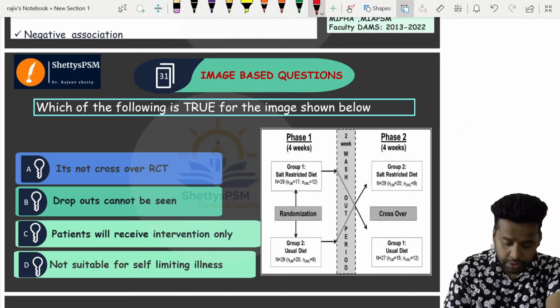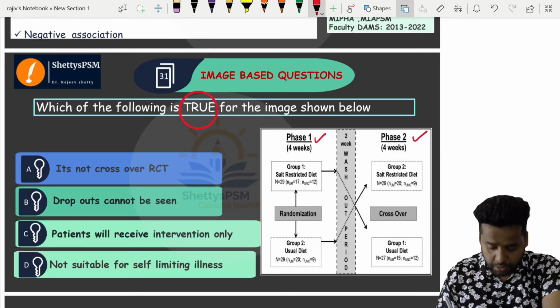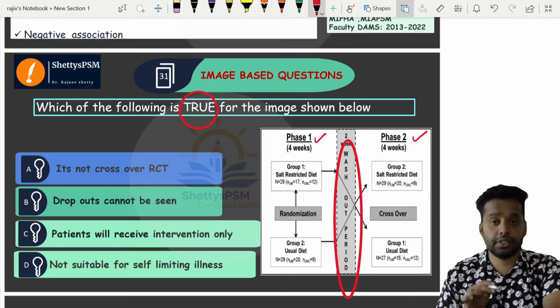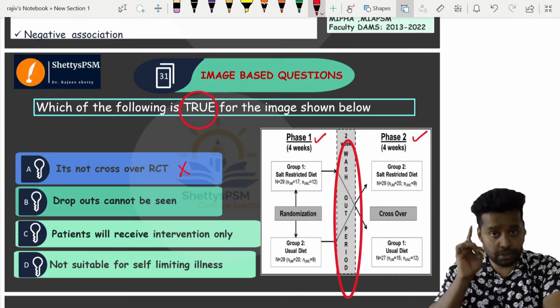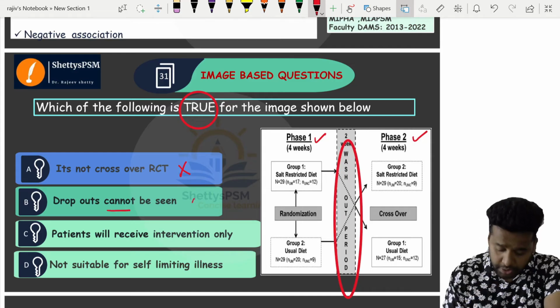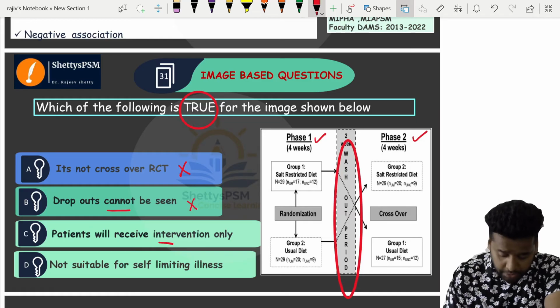Which of the following is true for the image shown below? Phase 1, phase 2. We are keeping a gap in between, a washout. Then we are interchanging the intervention. This is a crossover RCT. It is not a crossover RCT? No, it is crossover. Dropouts cannot be seen? No, you can see dropouts because there is follow-up. Patients will receive intervention only?